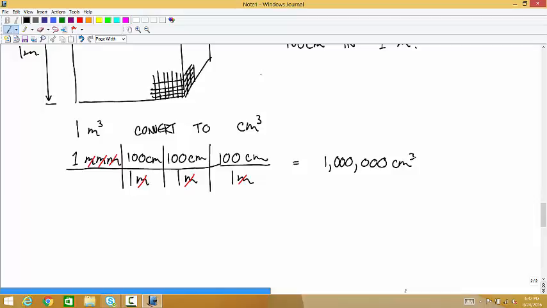All right, so that's about it for converting units. So let's talk about scientific notation.